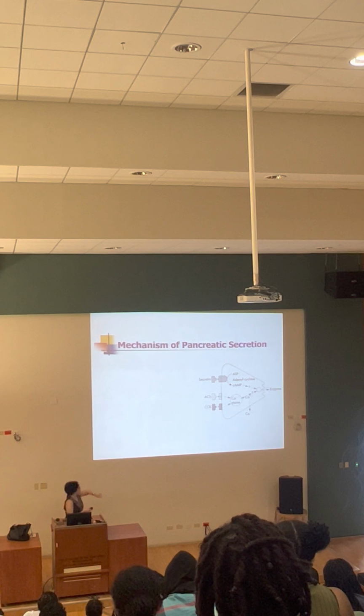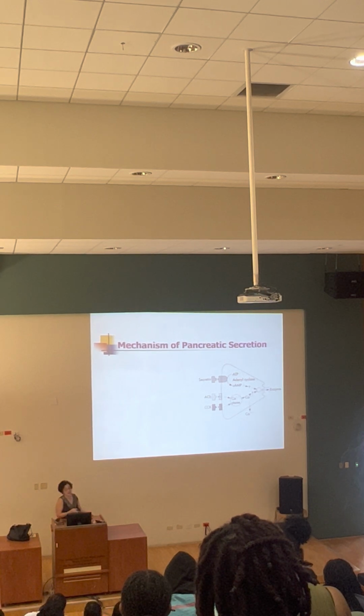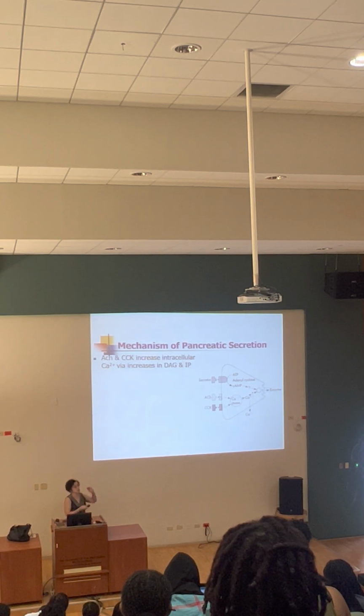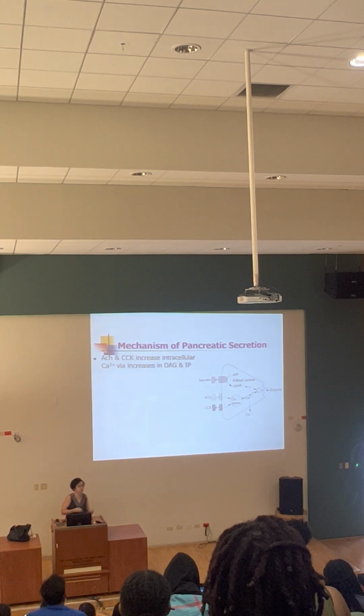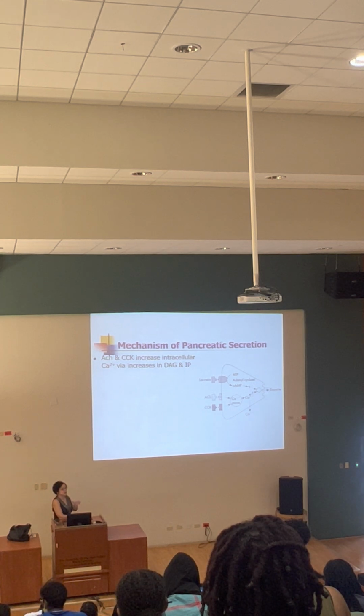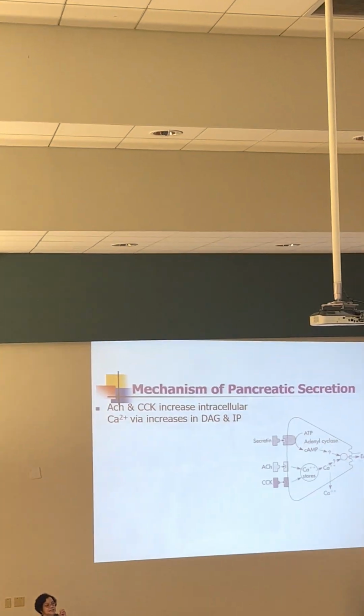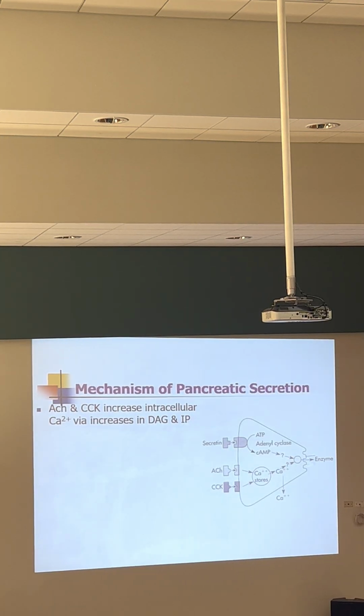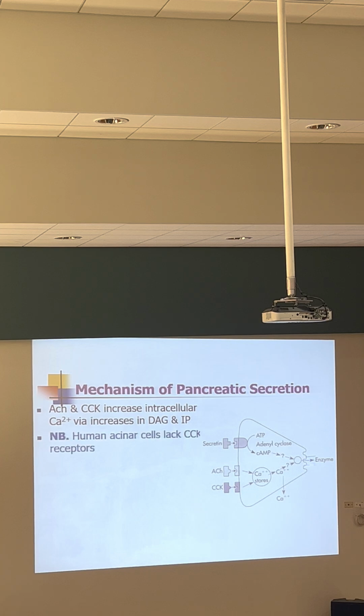Now, this diagram is sort of misleading because it's really from a rodent model. It just wants to show the mechanism of action of your neurohumoral substances. Just to point out that CCK in humans really acts to stimulate acetylcholine, which then acts on the muscarinic receptors to increase your intracellular calcium.